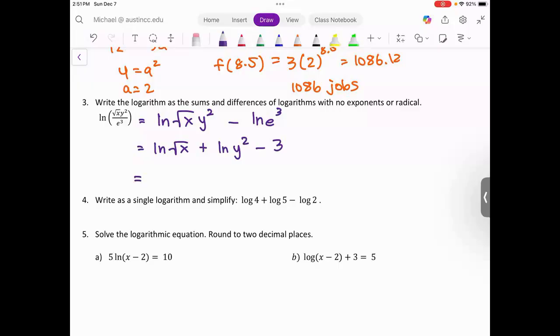This natural log of square root of x is the same thing as natural log of x to the 1/2 power. Using the power property, we can bring that 1/2 out in front of the log. So this is going to be 1/2 natural log of x. And then we bring that power of 2 out front to get 2 natural log of y minus 3. And we are done with that one.